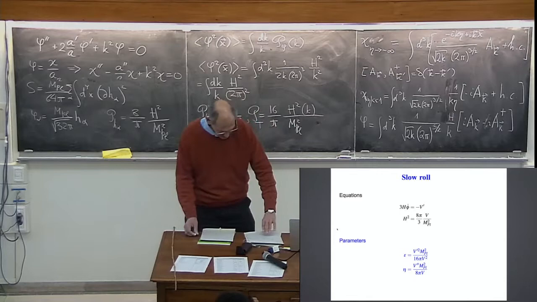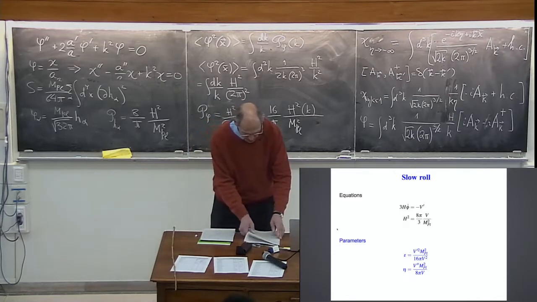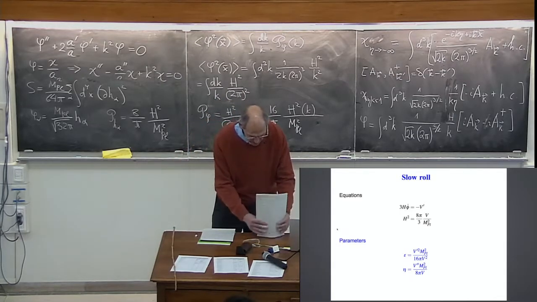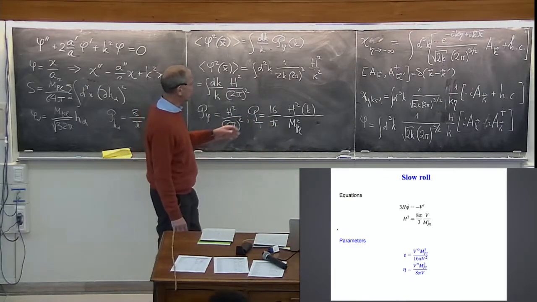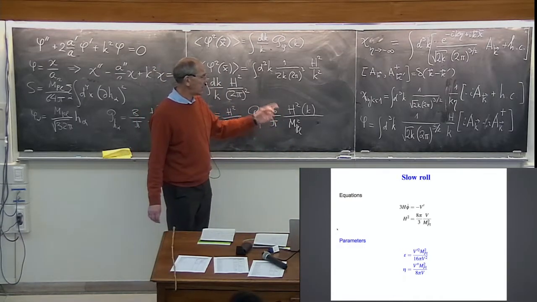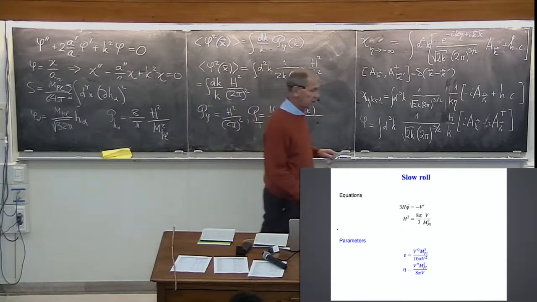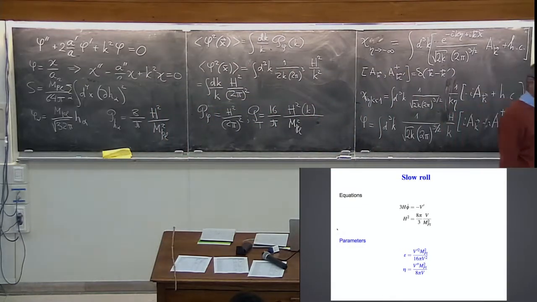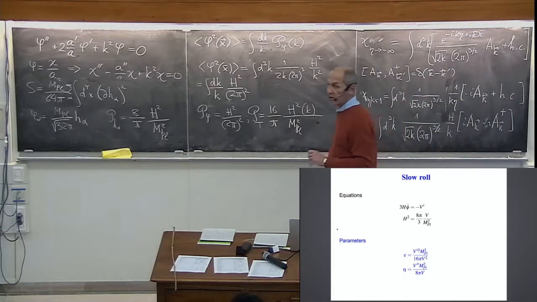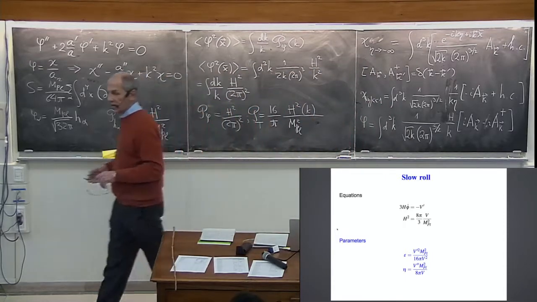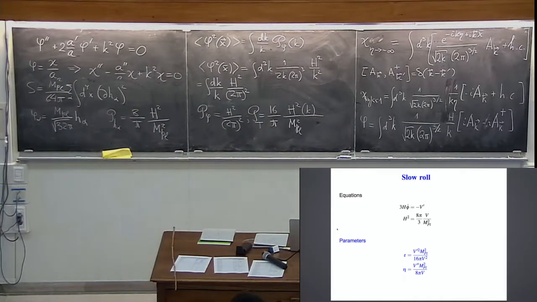Fine. This is all for gravity waves. And of course, gravity waves don't care about the way the inflation happens. They only care about geometry. They only care about the expansion rate of the universe. They don't care who is doing inflation, what the inflaton is, what its properties are.